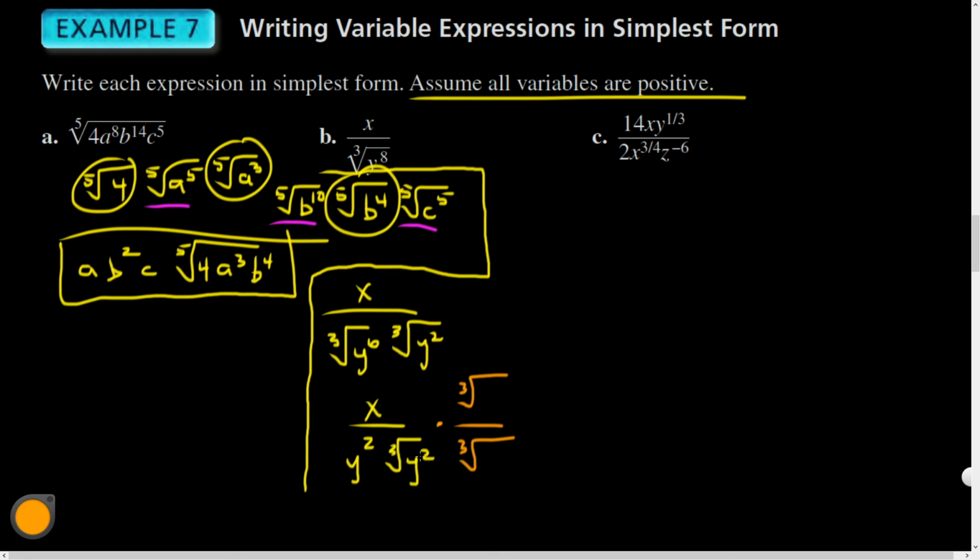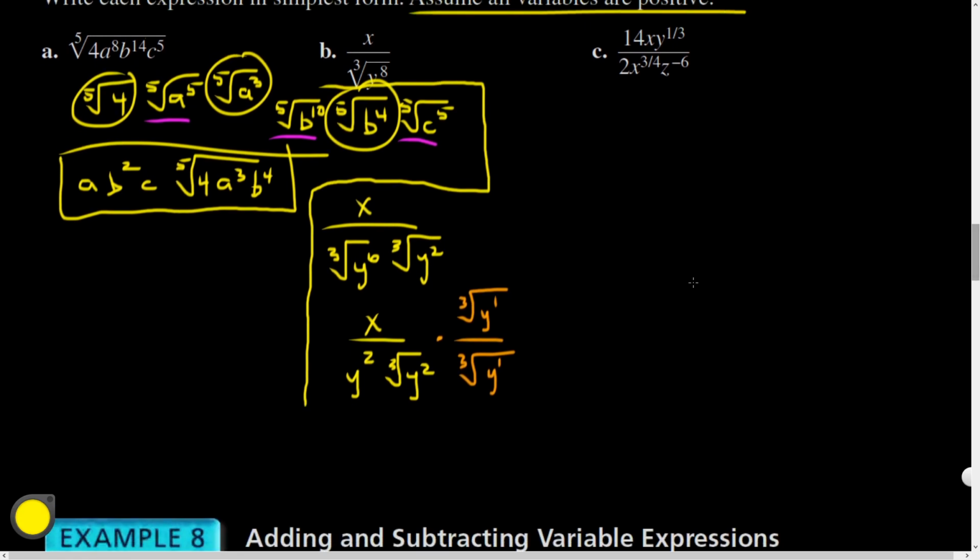So what do I multiply y squared by to give me something that would cancel with a cubed root? Well, a y to the first, because y squared times y to the first will give me a y cubed. Let's see, I think I'll have just enough room. So up top, multiplying across, I'll have x times the cubed root of y over y squared times the cubed root of y cubed.